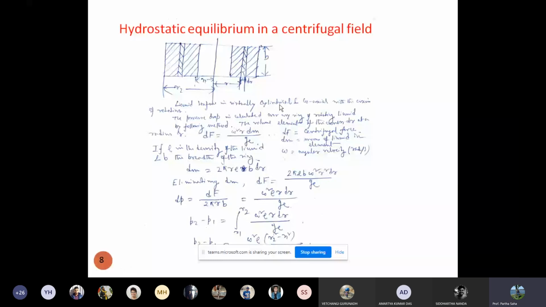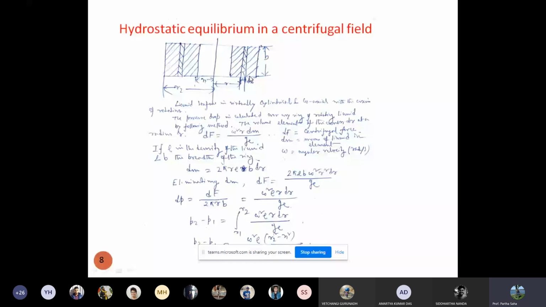The pressure drop is calculated over any ring of rotating liquid by the following method. We assume this is the axis, and at a radial distance r, over a small radial direction dr, we determine how the pressure drop happens.